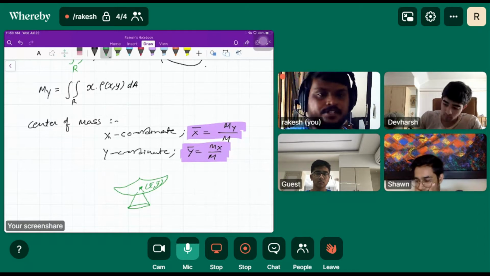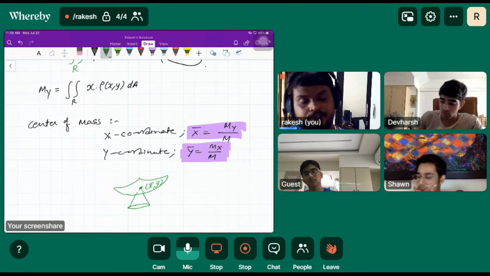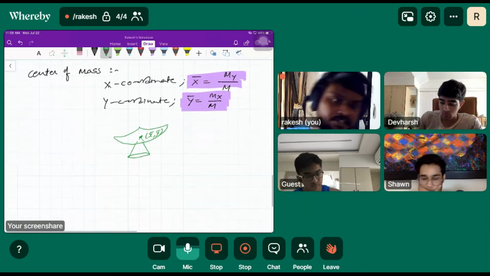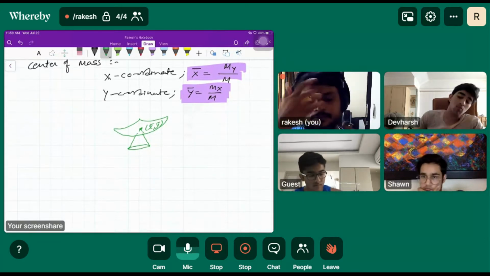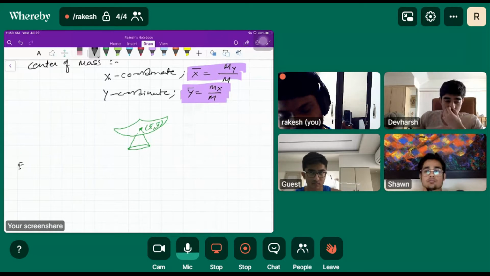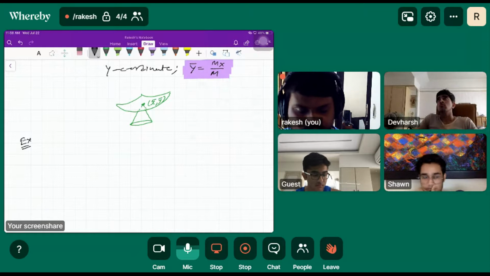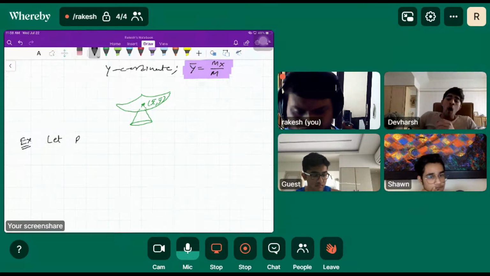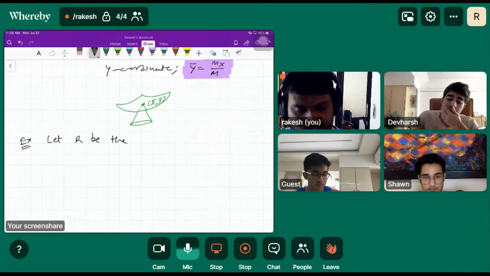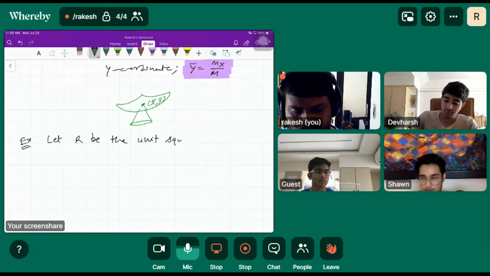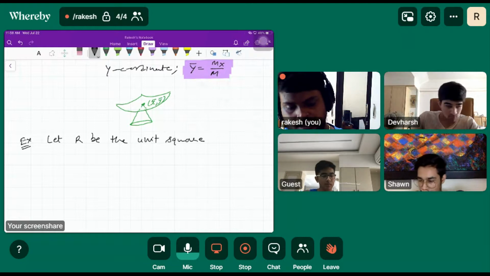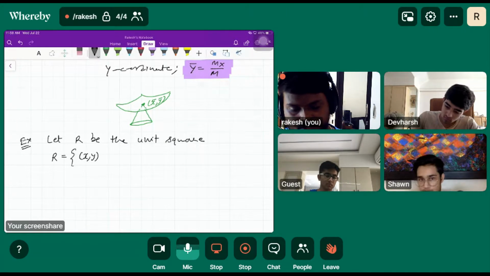Write down one question on this, then we'll move to the moment of inertia and radius of gyration. Let R be the unit square, R is equal to (x, y), 0 less than x less than 1, 0 less than y less than 1.